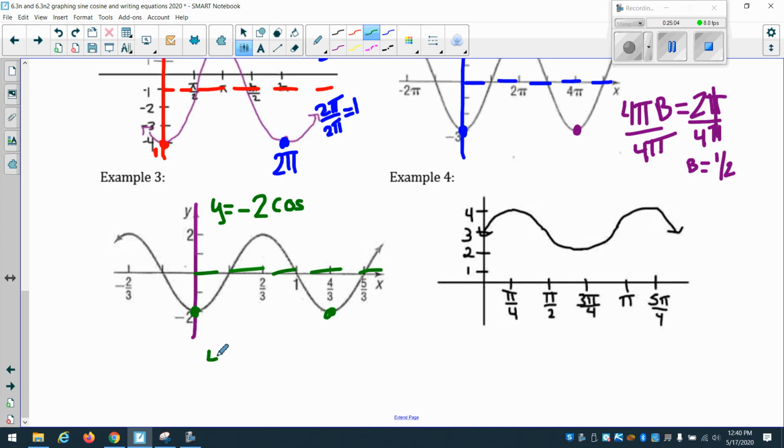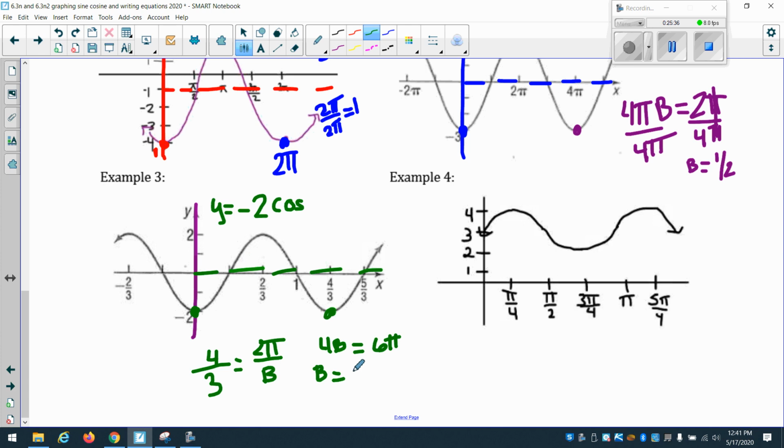So this is a little bit different because you don't see pi units in the period. So in order to find b, we take 4 over 3 equals 2 pi over b. Cross multiply, we have 4b equals 6 pi divided by 4.